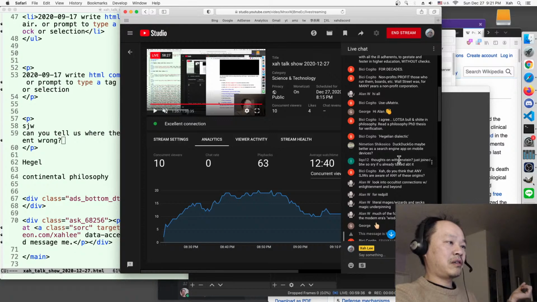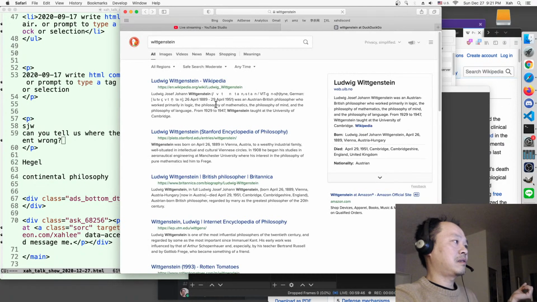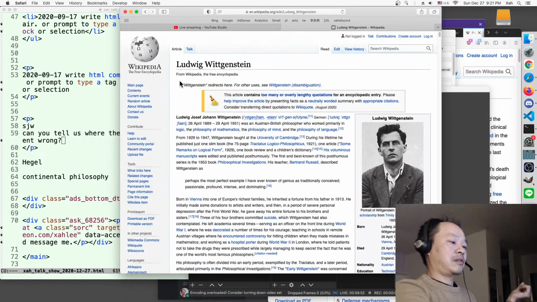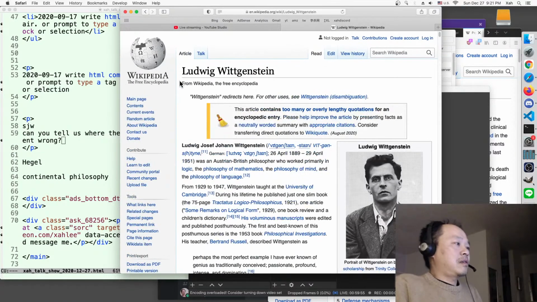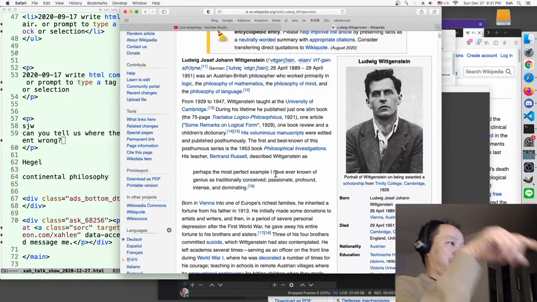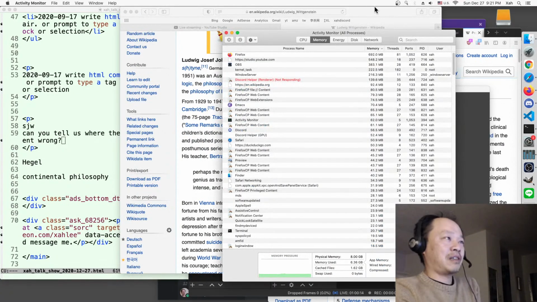Thoughts on Wittgenstein? No, I don't know who that is. Well, I heard of that, but let me see. He was an Austrian-British philosopher who worked primarily in logic, philosophy of mathematics, the philosophy of mind, and the philosophy of language. Yeah, okay, he's a great guy. I came across the guy before.